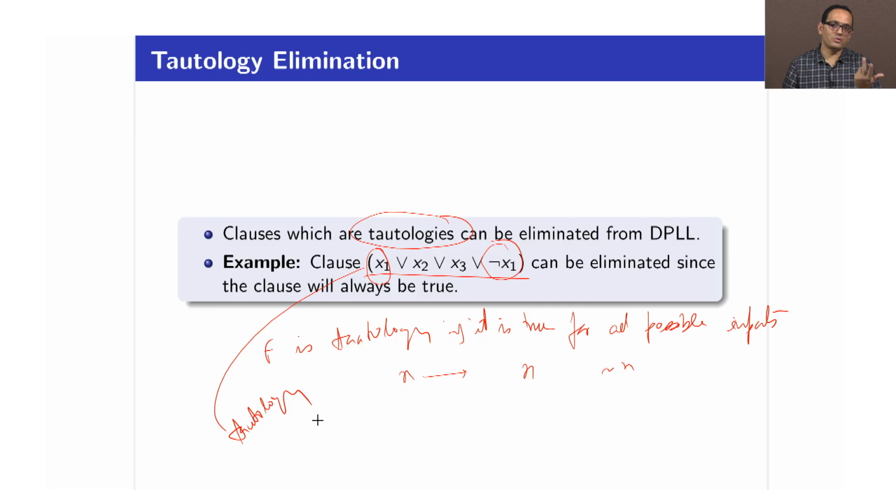So, now think about x1 is true. So, x1 is true means this is true, and since this is true, the entire clause is true. Now, assume that x1 is false. Then not of x1 is true. Since not of x1 is true, the entire clause is true. So, no matter what the value of x1 is, whether true or false, this clause will be true. So, this is a tautology, right.